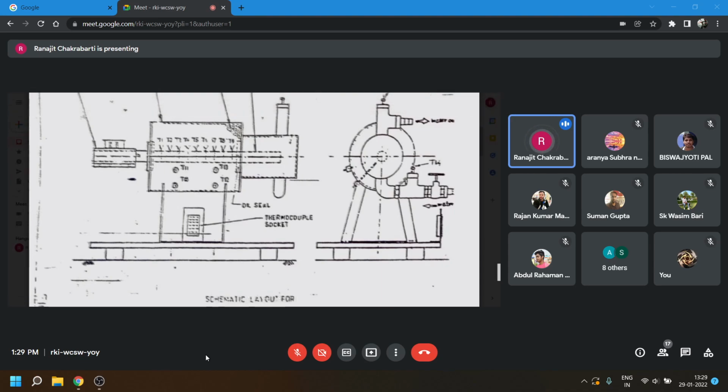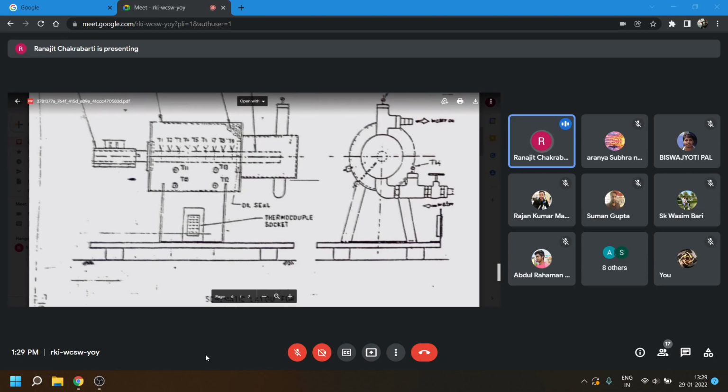And this is the entry, that is the exit. That is the water which is entering and leaving this jacket. And that is how the other end of the rod is kept at a uniform temperature.